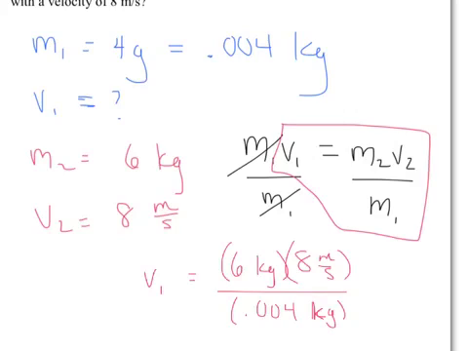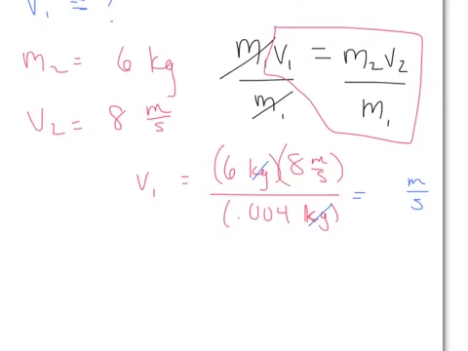The kilogram units cancel, leaving behind units of meters per second, which is what we're looking for because we're looking for velocity. 6 times 8 is easy, that's 48. And 48 divided by 4 is going to give us 12. So this should be what, 12,000? Right, 12,000? Yeah. Okay, 12,000 meters per second. Our answer will be 12,000 meters per second.